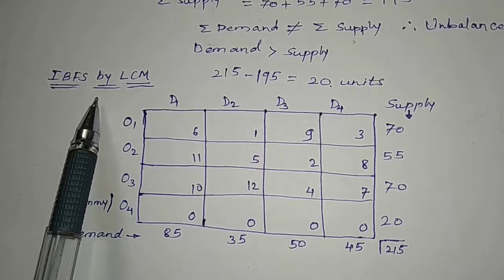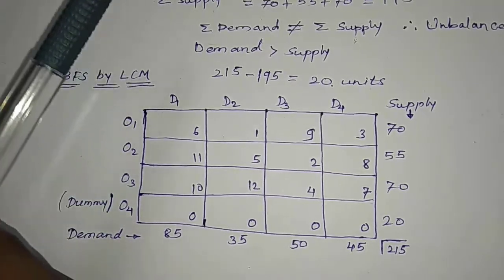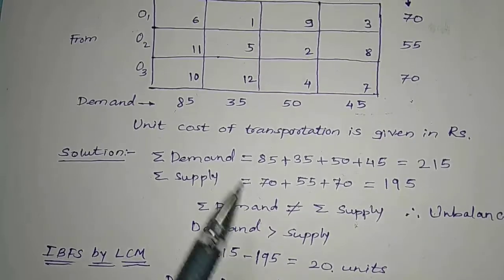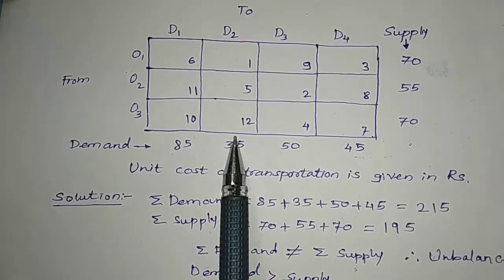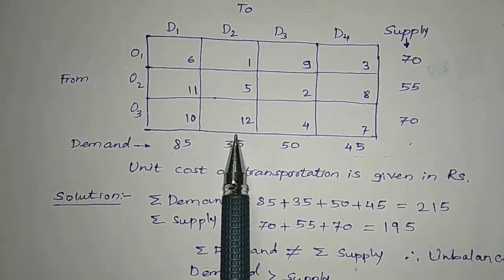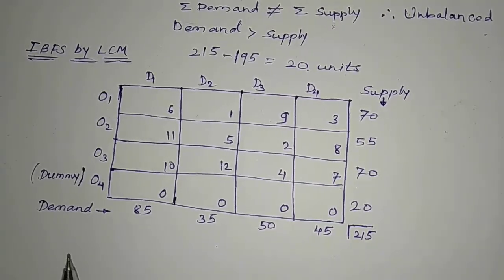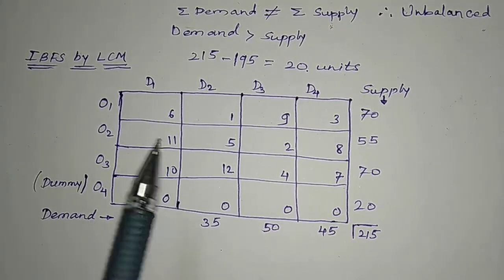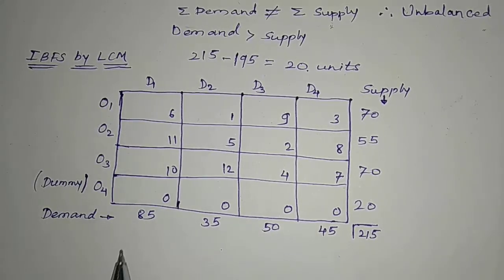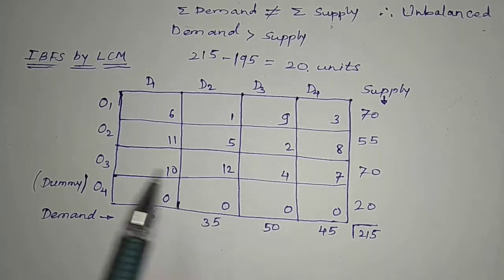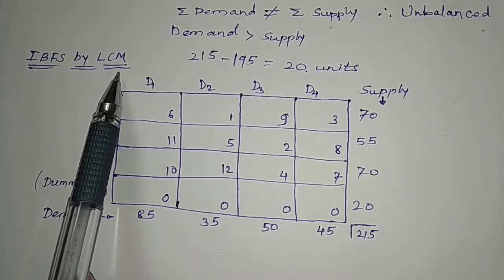So in this lecture I have shown how to balance the unbalanced transportation problem. Here let us obtain the IBFS by LCM. As the problem is balanced now, let us apply the least cost method.